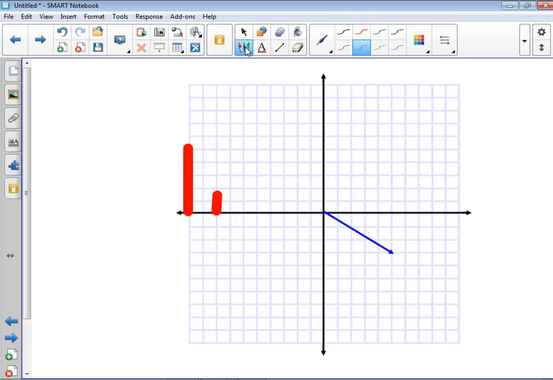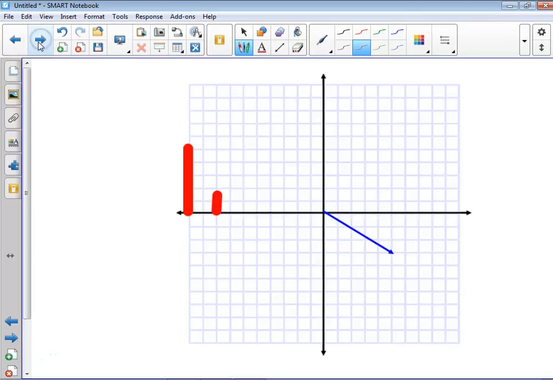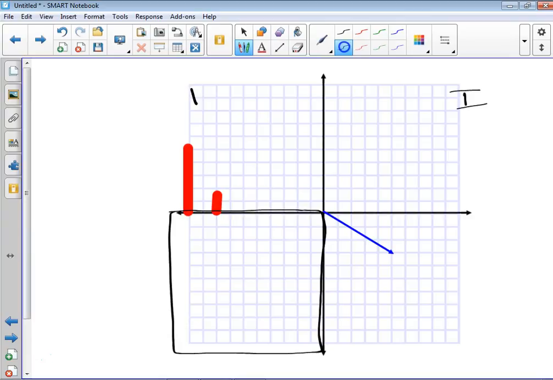The other one is about 1.7 and is at an angle of 40 degrees, third quadrant. Here, if you're not aware, this is the first quadrant, second quadrant, third quadrant, fourth quadrant.